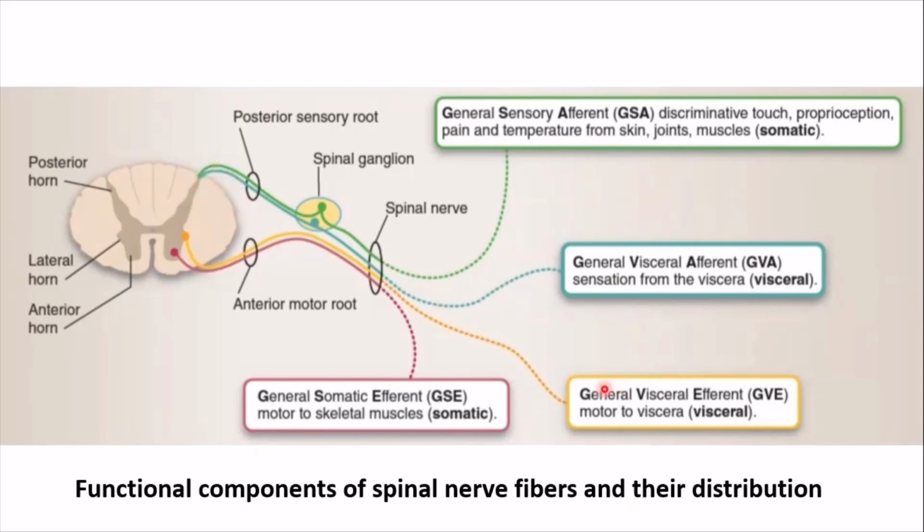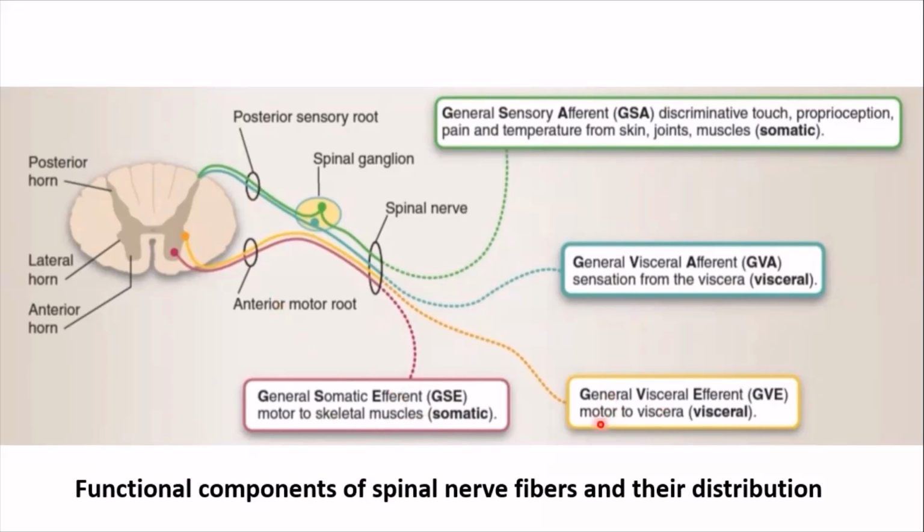And then the other components, these two are the general somatic efferent, right? They are motor to the skeletal muscles, somatic system. So of course, they originate from this anterior horn cell. I told you already, it is motor, and they are coming like this to the anterior motor root, and the efferents go to the skeletal muscle and make it contract.